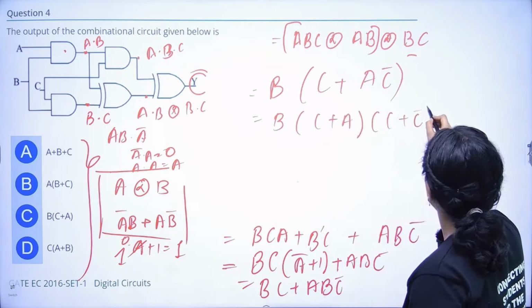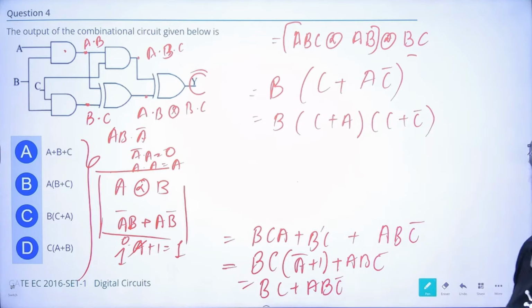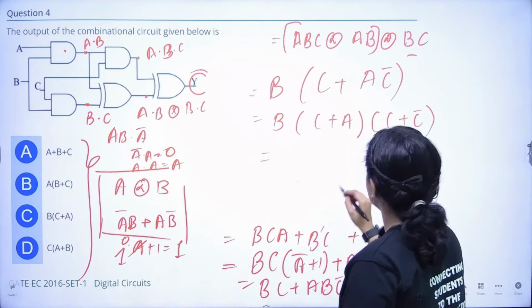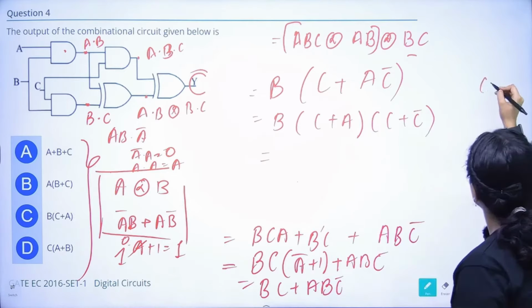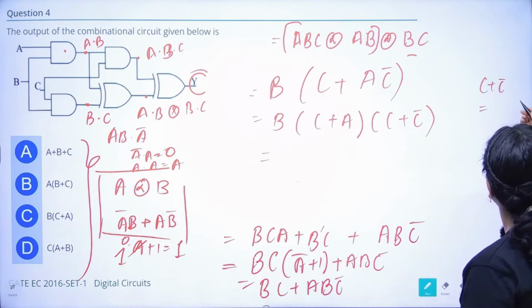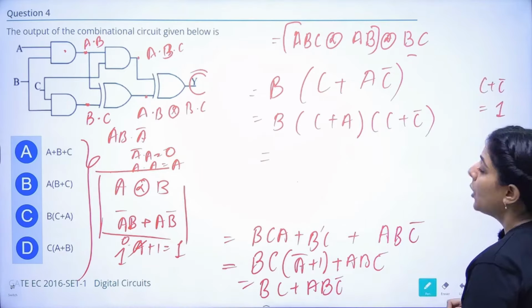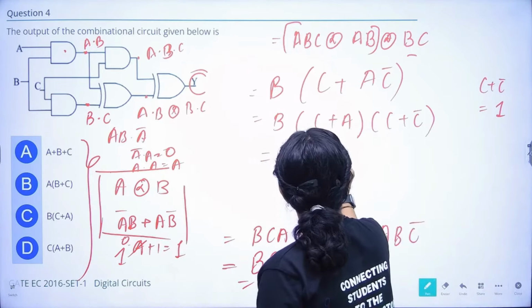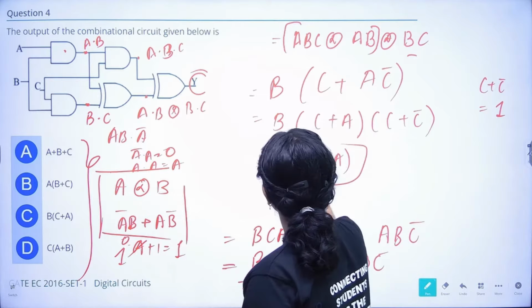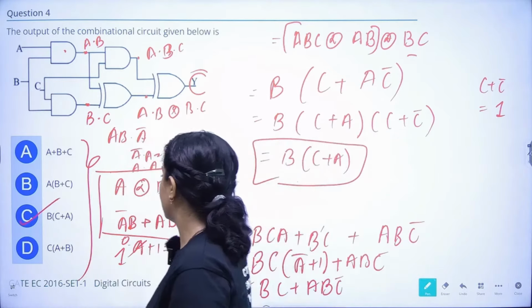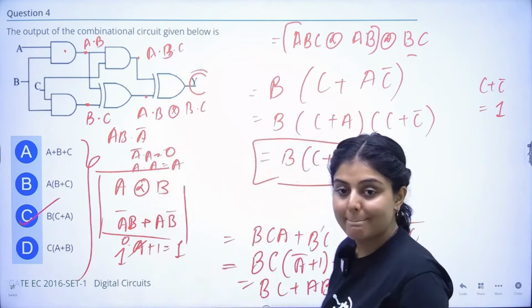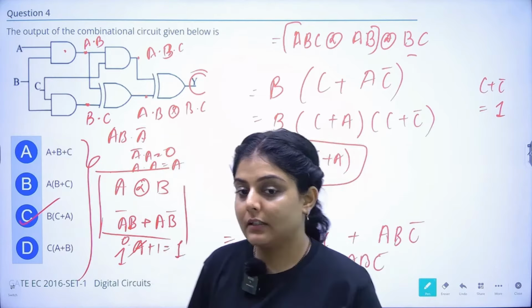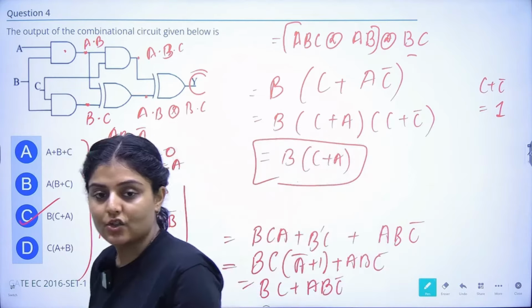This will be open like this, right? So C plus C bar will be equal to 1. So it will be B C plus A. So this is your final answer, right? Just check it.